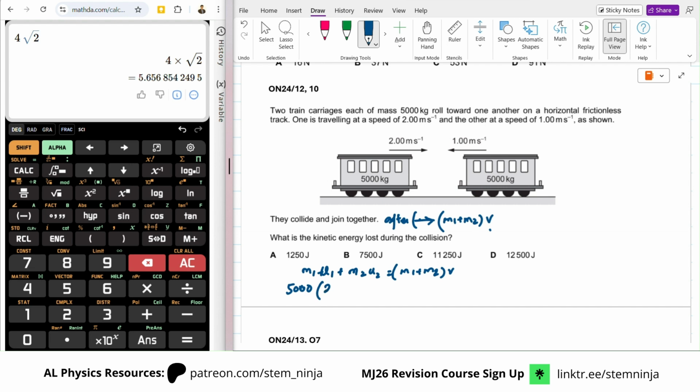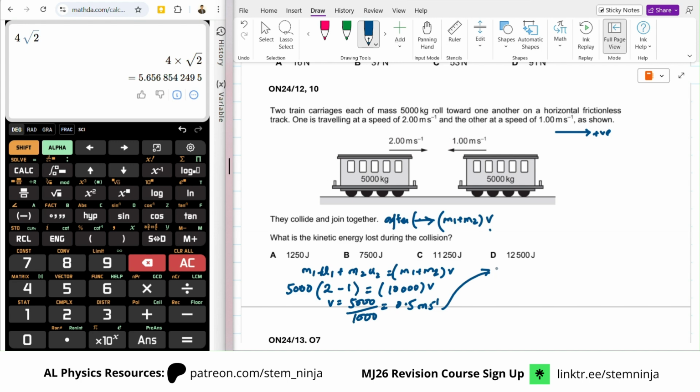However, u1 is 2 if you take this direction to be positive. 1 would be taken as negative. And now m1 plus m2 would become 10,000 and v. So 2 minus 1 is v, 1, 5,000 equals 10,000 v. So 5,000 divided by 10,000 is basically 0.5 meters per second.